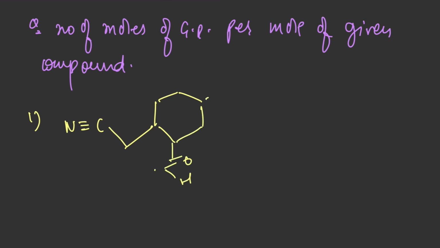So 1 mole of Grignard reagent will react, 3 moles of this. 1 mole here, 1 mole here. It will react with 3 moles. And 1 mole with OH.